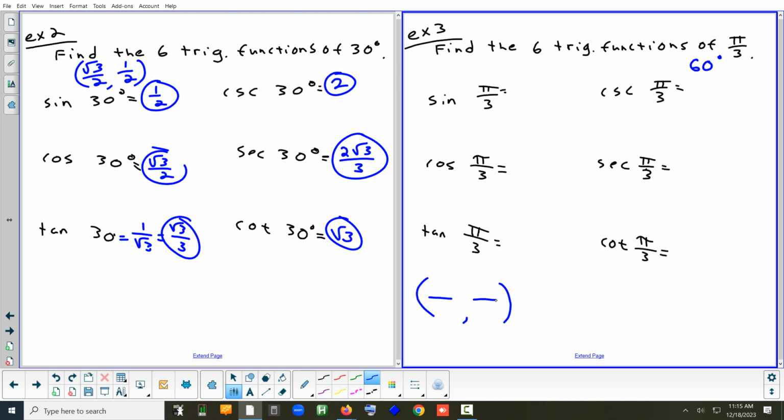Square root 3 over 2 was the x value for the 30. Wait, no, you've got to flip them, so 1/2 was the first one, and then square root of 3 over 2. Yeah. So all that happened is the x and the y switch places. So my sine is going to be square root of 3 over 2. My cosine is going to be 1/2.